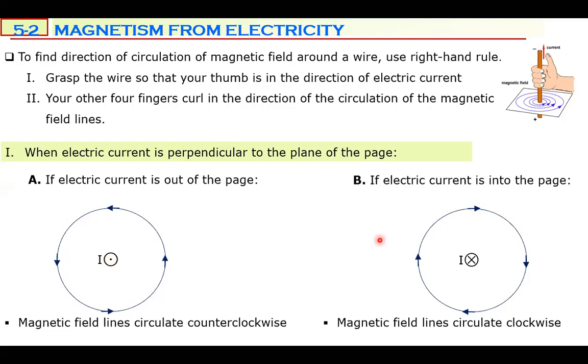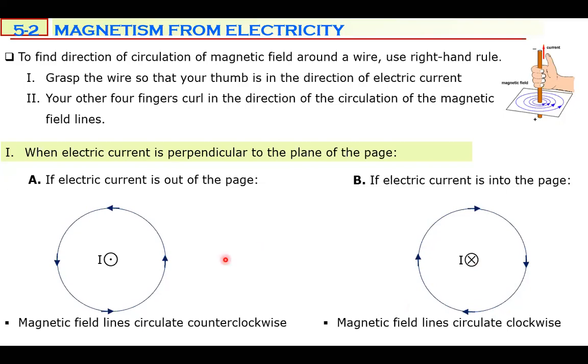But if the current is into the page, into your book, into your table, in this case, if you point your thumb into your table or into your page, the curled fingers will represent the direction of circulation, and the magnetic field will be clockwise.